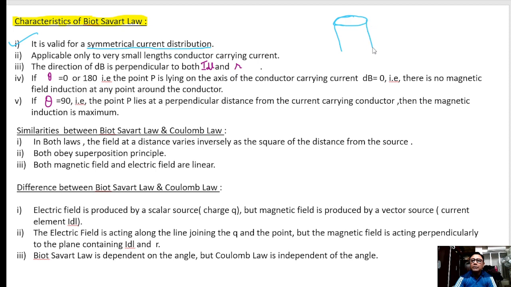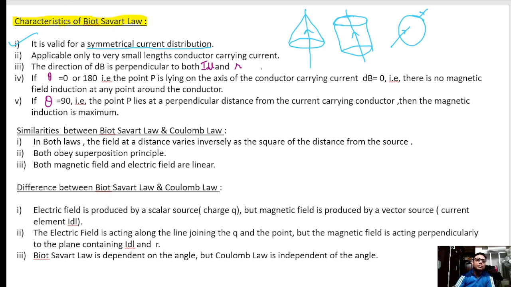You can take a sphere, a cone. Current should be passing through those figures which are symmetrical.